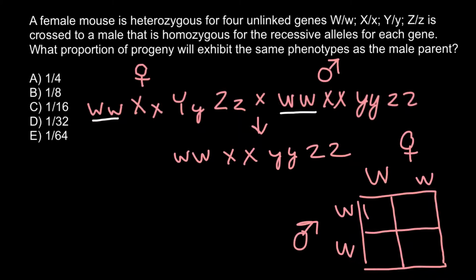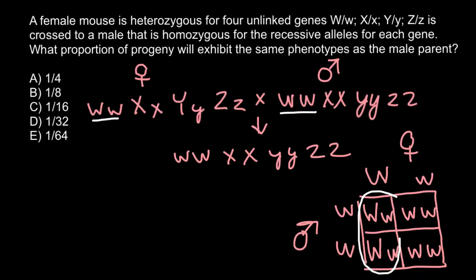So we have capital W and small w here, small w, small w here, capital W, small w here, and small w here.